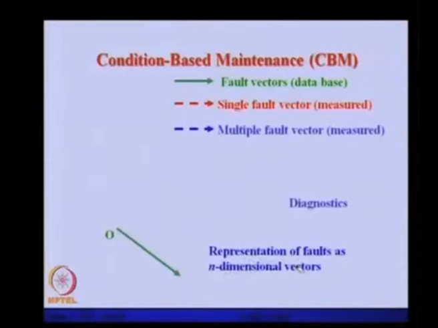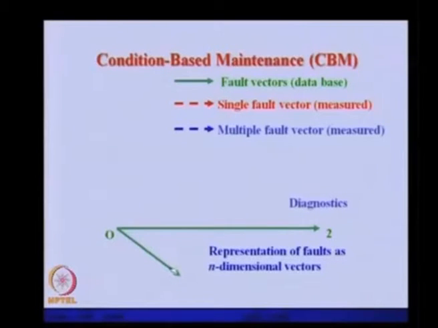So, if we have n number of data in a vector, those data may be pressure, temperature, vibration, RMS value, various data, and we can put them as a vector in n dimensional space, where it will occupy one particular vector direction. Then what will we be doing? We will introduce one fault in a machine at a time, and find what change in these vectors takes place. If these vectors are changing, obviously their orientation in the n dimensional space will change.